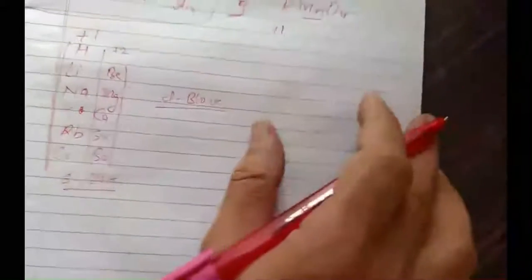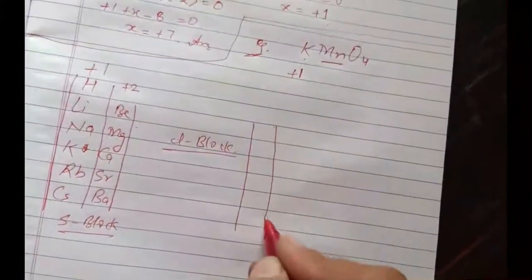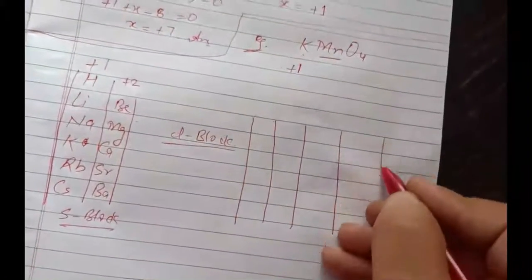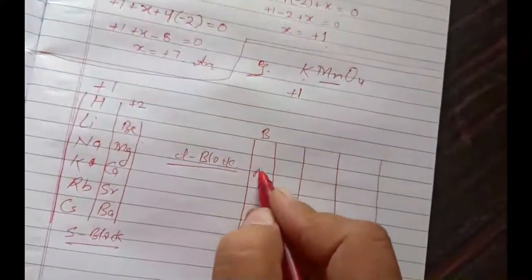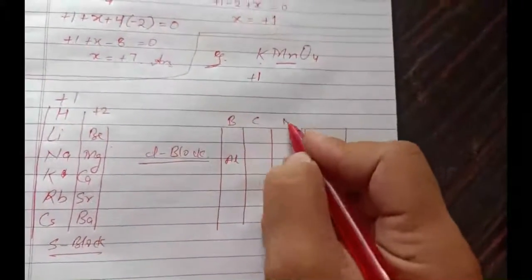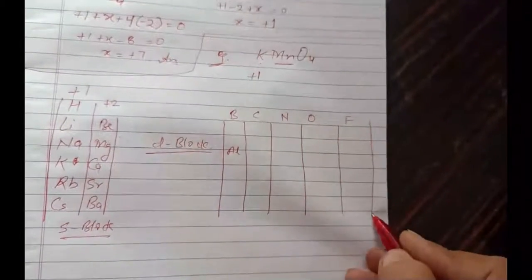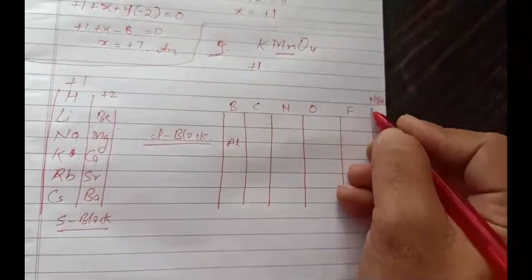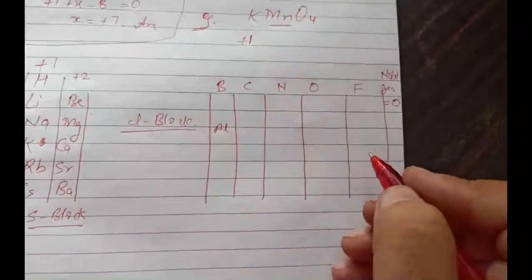At the end is P block elements. Here boron and aluminium, here carbon, here nitrogen, here oxygen, fluorine, and the rest is noble gases. The oxidation number of noble gases is always 0.